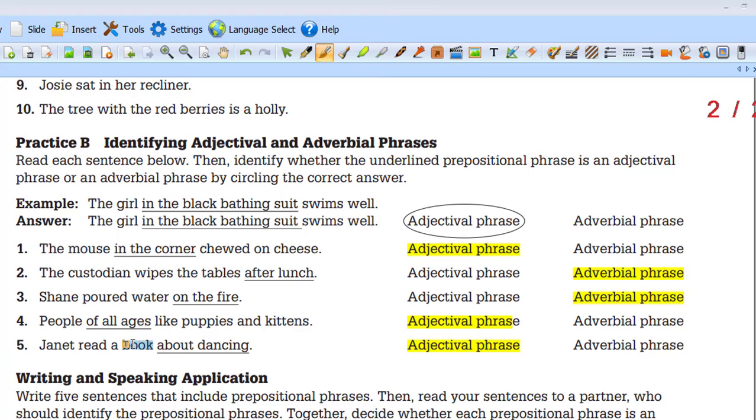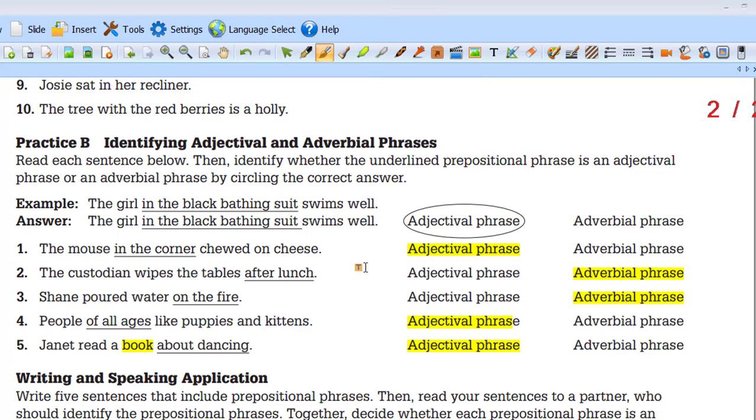It talks about the book. It modifies the book. It gives us more information about which book we mean. Are you talking about a history book, a science book, or what? Which type of book? It's about dancing, a dancing book. Okay. These are the prepositional phrases.